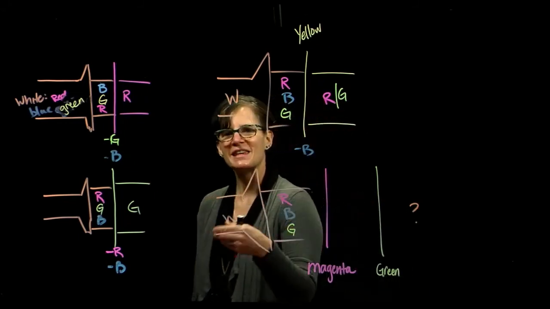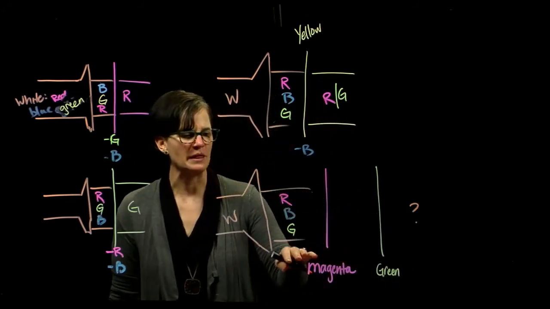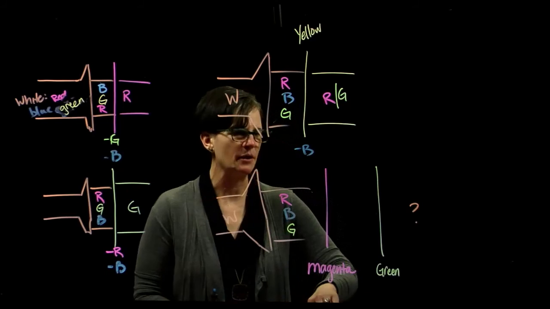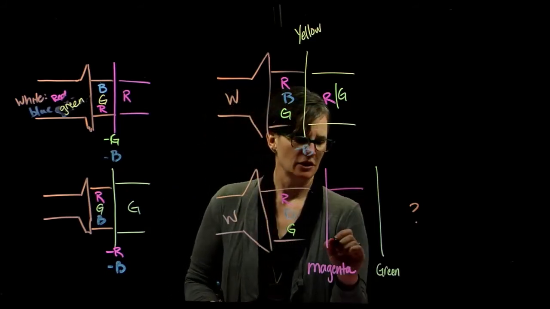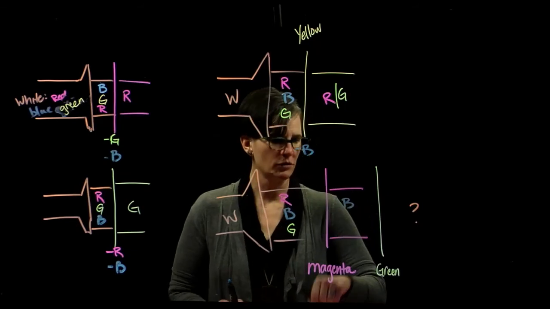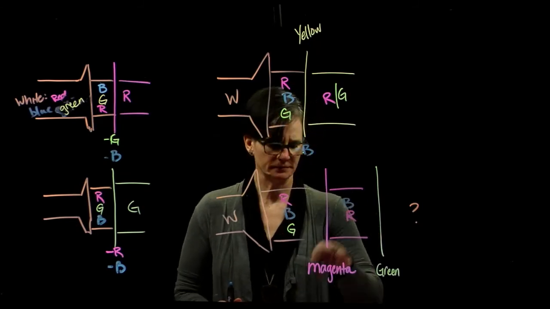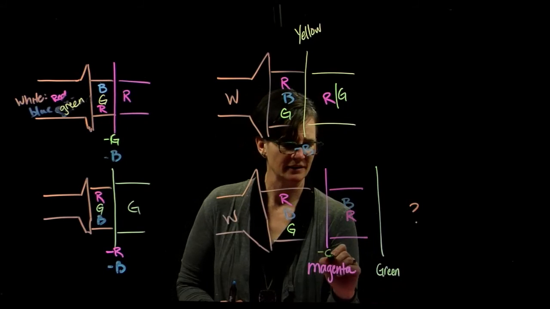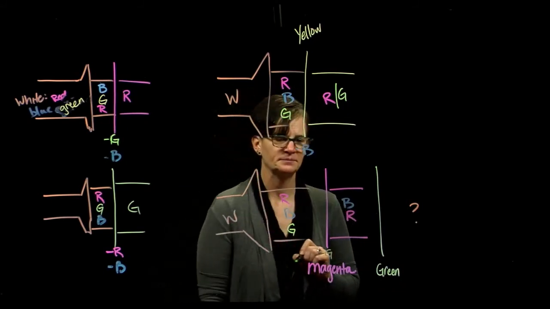All right, well, we need to think about what each one of these filters is doing. The magenta filter is indeed allowing magenta to get through. So magenta is made up of both blue and red, which means we're taking away the green.